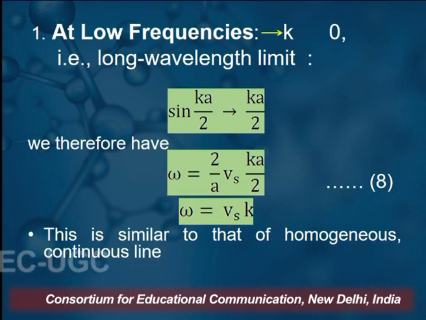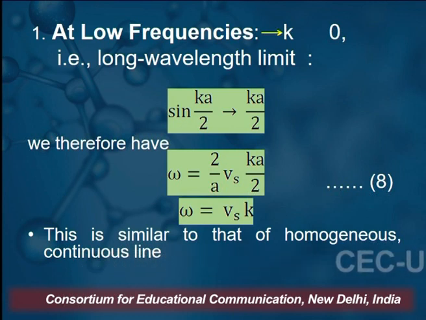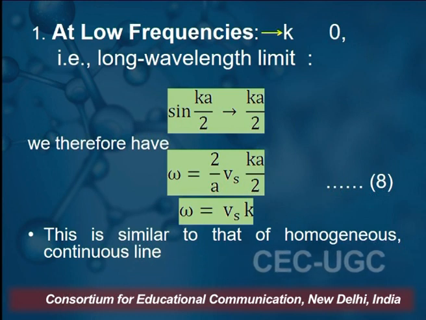So my omega becomes equal to 2 by a Vs k a by 2, and this reduces to Vs into k. Omega becomes equal to Vs into k.